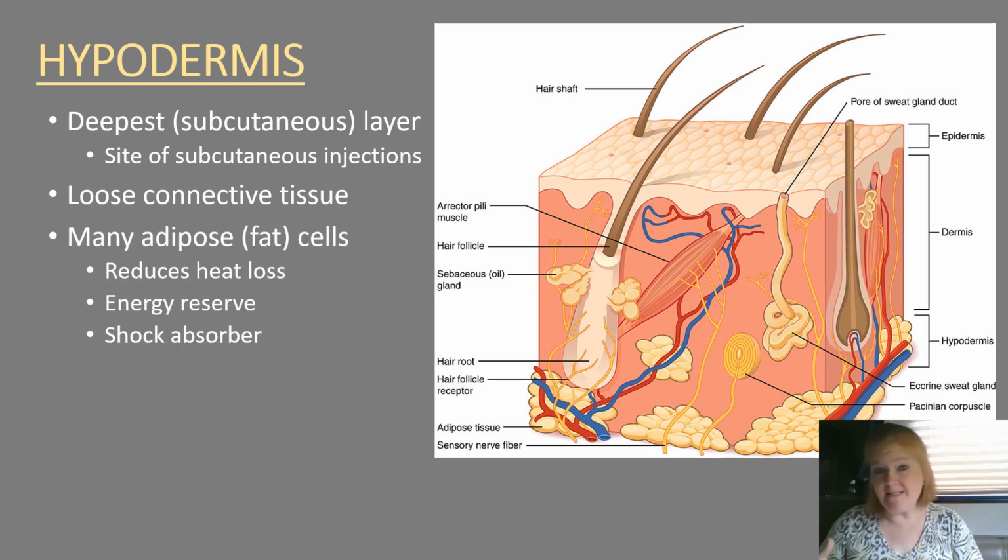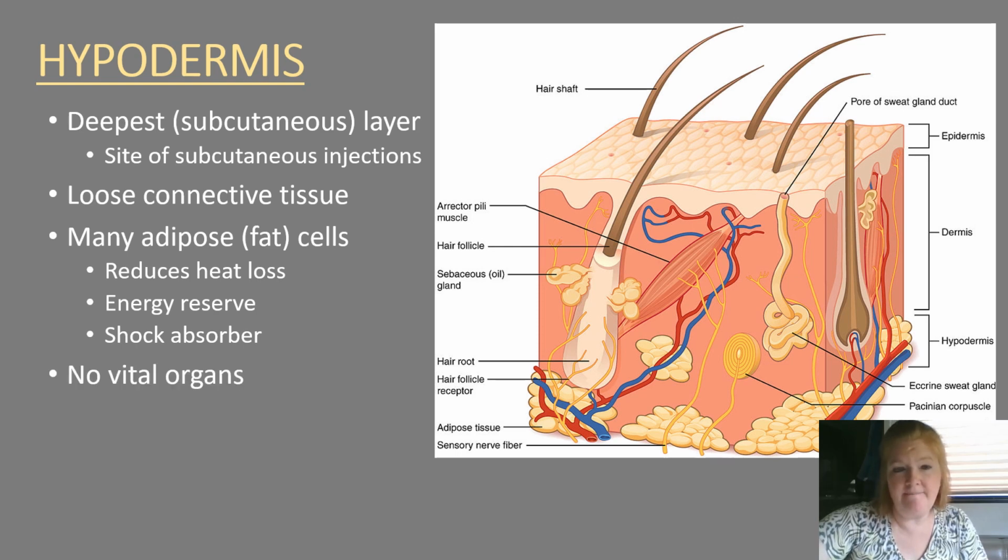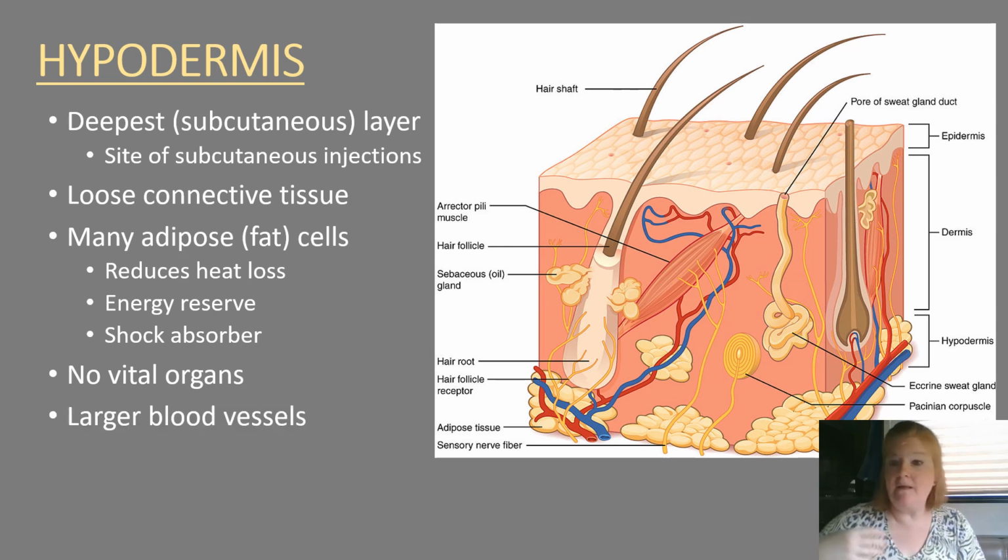So it's a lot of fat cells, adipose cells, which helps to reduce heat loss. It helps provide energy reserve, and it's a shock absorber, provides protection. No vital organs are here in the hypodermis. Bigger blood vessels, again, that makes sense for why injections would be given here.